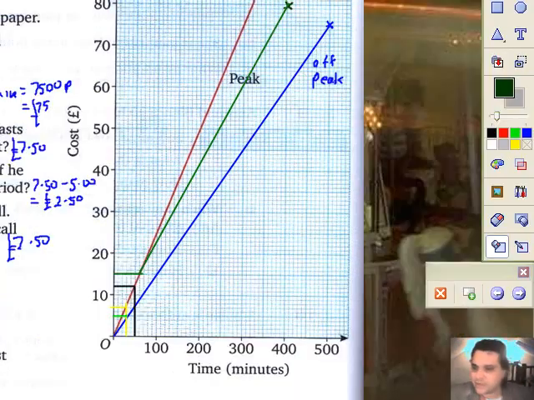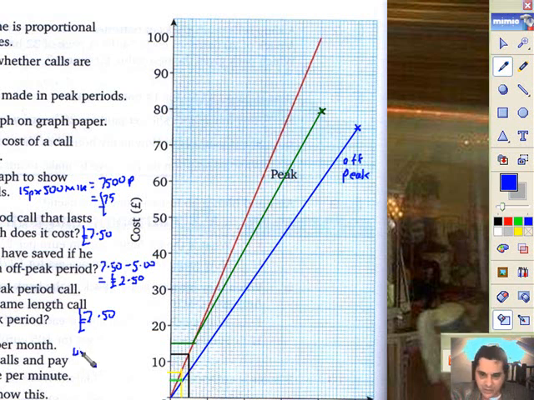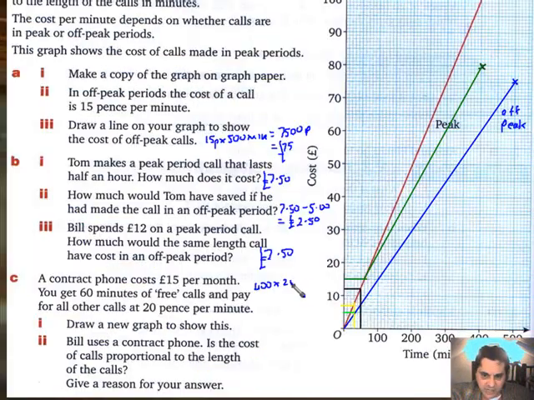So how did I do that? Well, I know I've got these 60 minutes already paid for within the £15 there, and then I was told to go for 20p per minute, so I chose 400 times 20p, that's 8,000 pennies, that's £80.